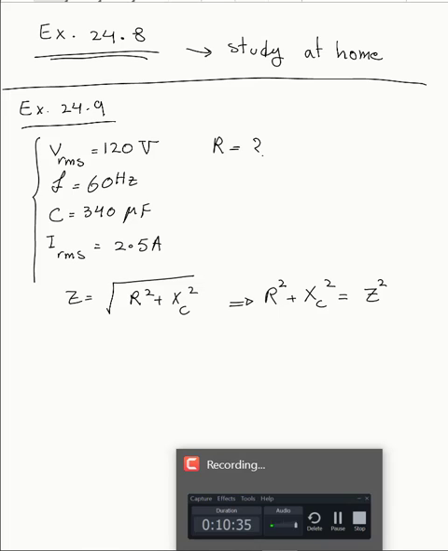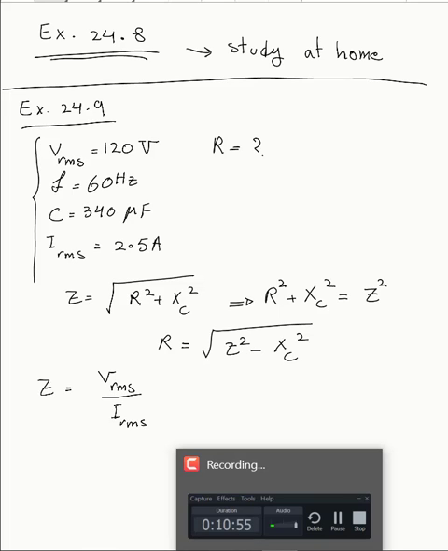If I rearrange this equation, I can find R to be the square root of Z squared minus X sub C squared. In order to find R, I need to find the impedance and the reactance separately.